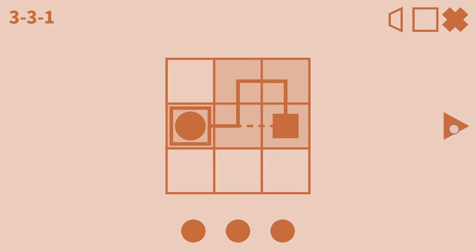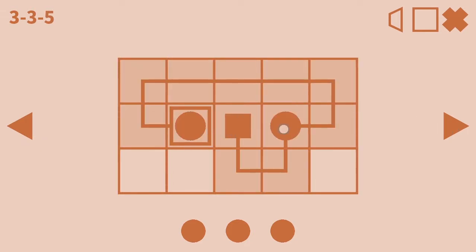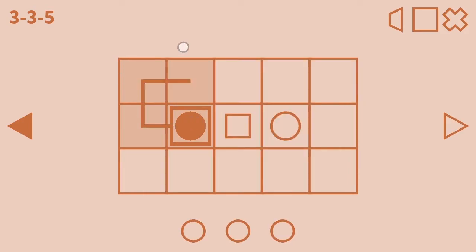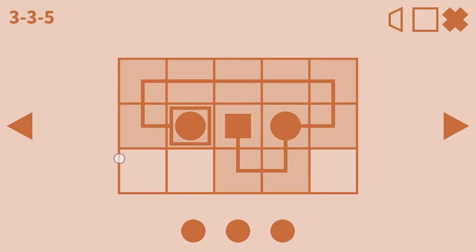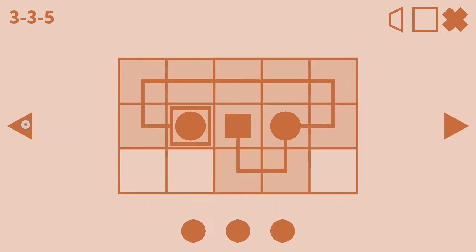What was this about? Start on circle, end on square. That also works. Uh-oh. I don't remember at all.